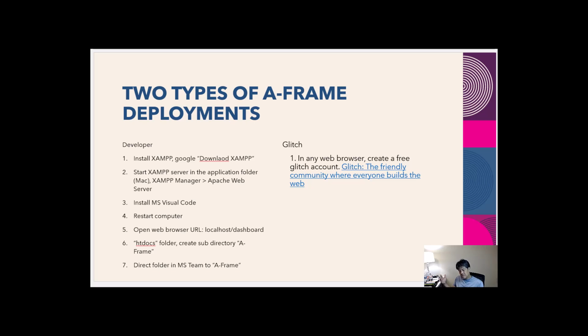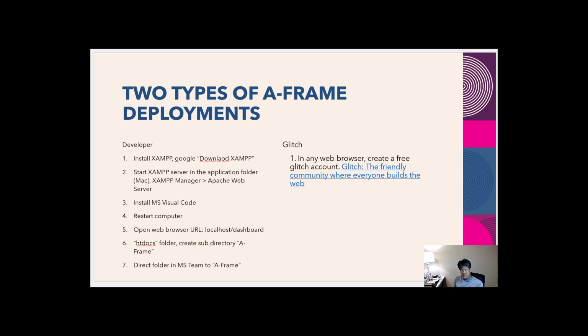If you're taking this class for a certificate or degree, you will have to do this pathway: install the XAMPP, download the XAMPP pathway, and I give you a very preliminary step with it. You're going to start the XAMPP server, which is basically an Apache server.